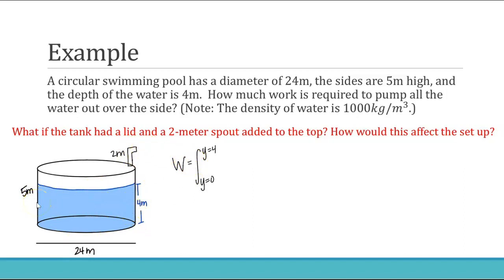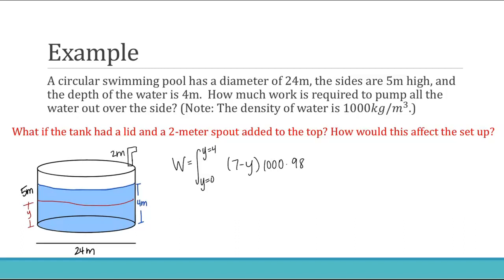What's actually going to change here is the distance traveled. So our cross section, which was at a height of y, now has higher to travel. So now it has to get up and out of this 2-meter extension and travel a total of 7 meters. So the difference is that our distance traveled is going to be 7 minus y. But other than that, everything else is the same.